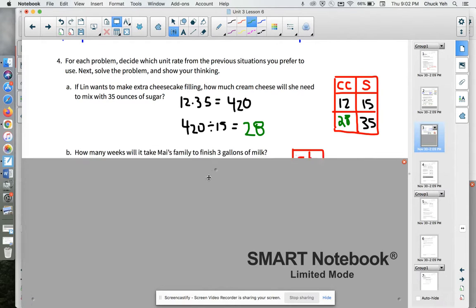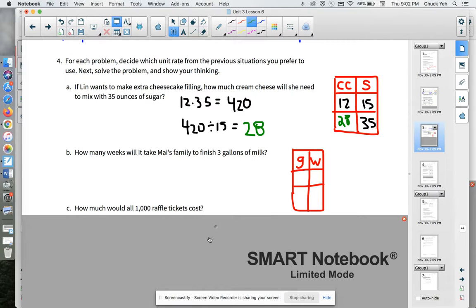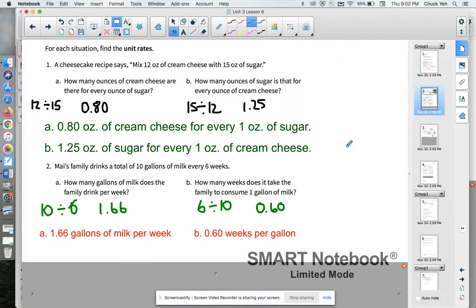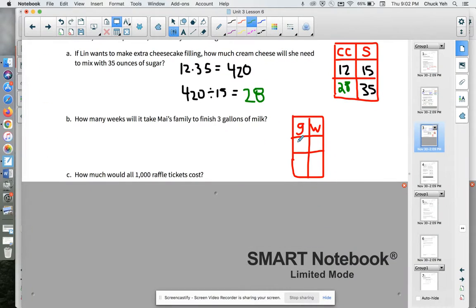All right. Next, how many weeks will it take Mai to finish 3 gallons of milk? We look at this. Gallons of milk, 10 to 6. 3 gallons of milk. So put the 3 here. So 3 times 6, that's 18.